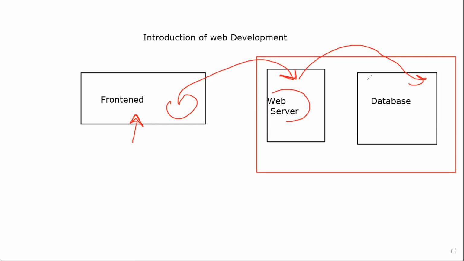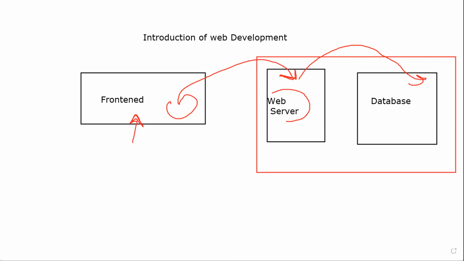Let me tell you with some example. This is basically Google. And you can see the logo of Google, and these items like bookmarks and all those things are there. This is basically the front end.